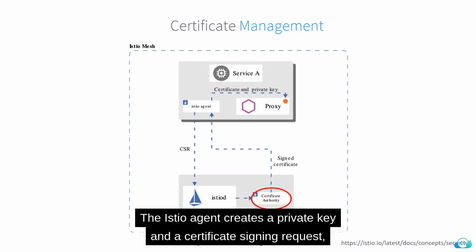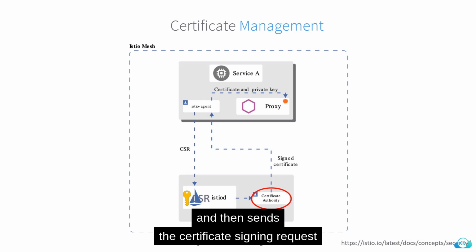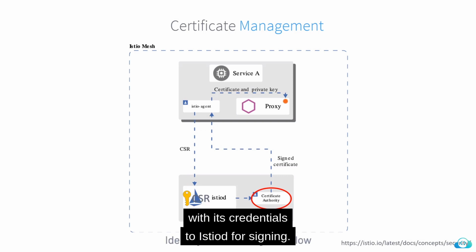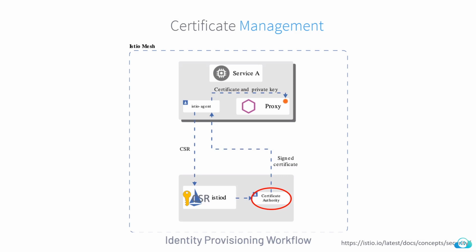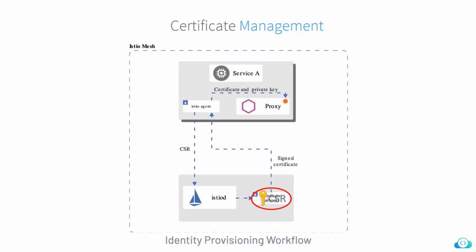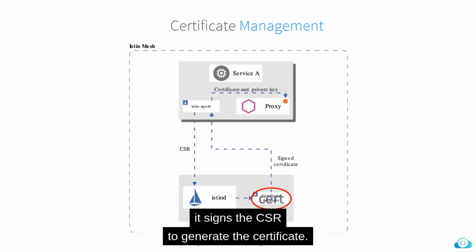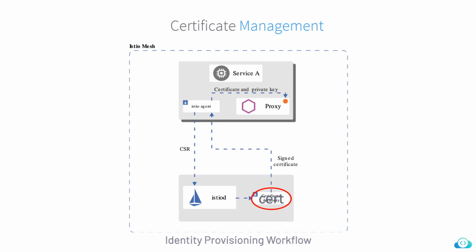The Istio agent creates a private key and a certificate signing request, and then sends the certificate signing request with its credentials to Istio for signing. The CA in Istio validates the credentials carried in the CSR. Upon successful validation, it signs the CSR to generate the certificate.